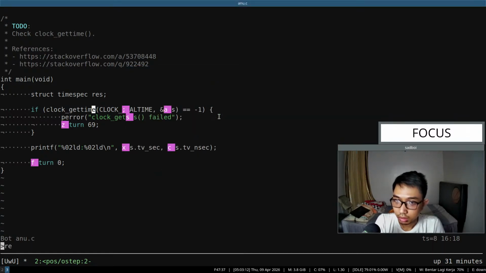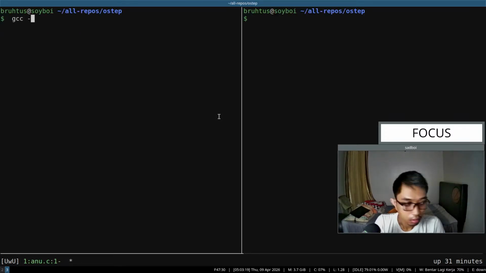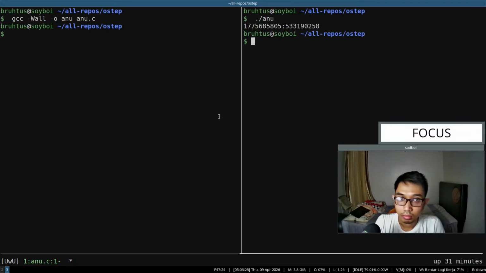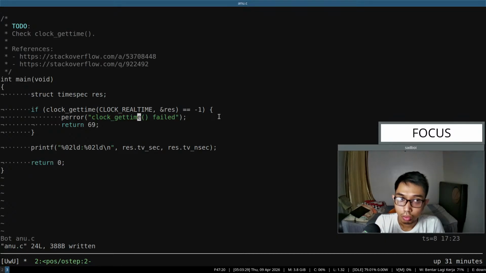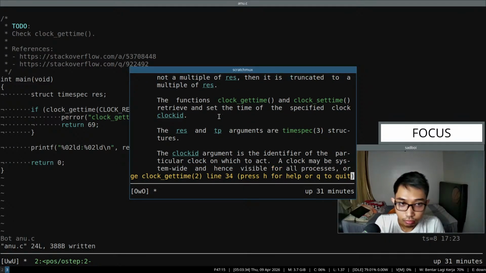Can we make the things? Let me try. Oh, is that a unique timestamp?